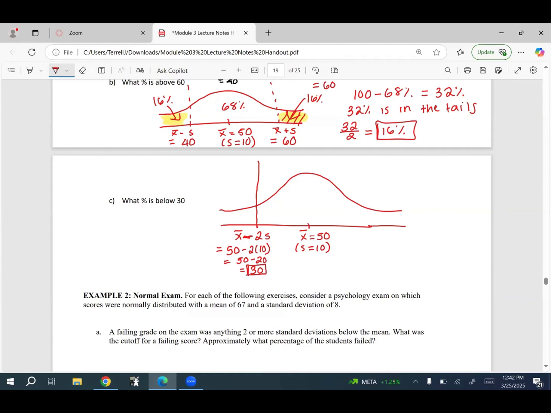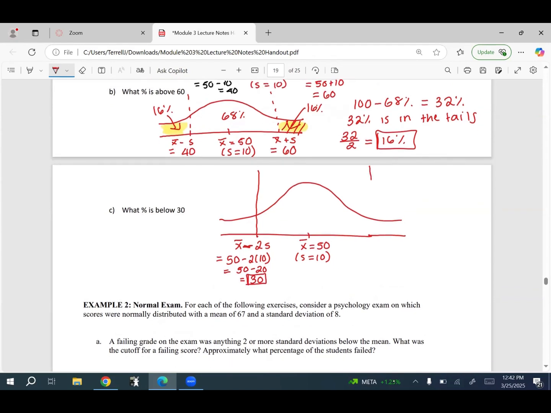So I went to the left 2 standard deviations, and the empirical rule says if you go to the right 2 standard deviations, 95% of my data falls in that range. This value would be X bar plus 2 times the standard deviation, so the mean plus 2 times the standard deviation, which would be 70. We're interested in what percent is below 30. I want this piece. We know that the whole curve has to add up to 100, right?